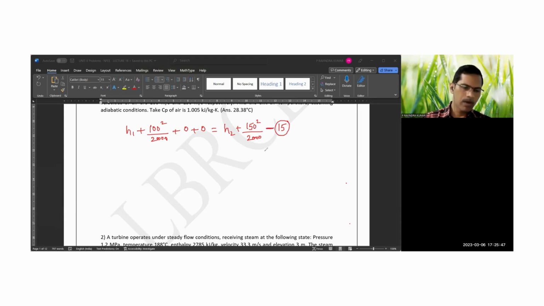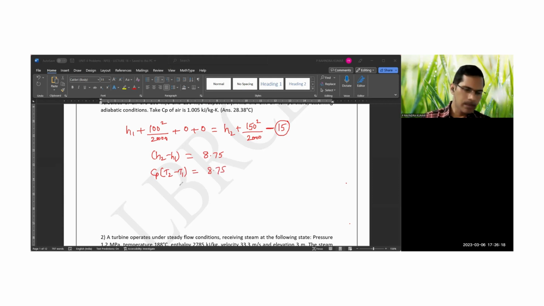When you make the calculation, H2 minus H1 comes to 8.75. Enthalpy is a function of temperature, so Cp times T2 minus T1 is equal to 8.75.